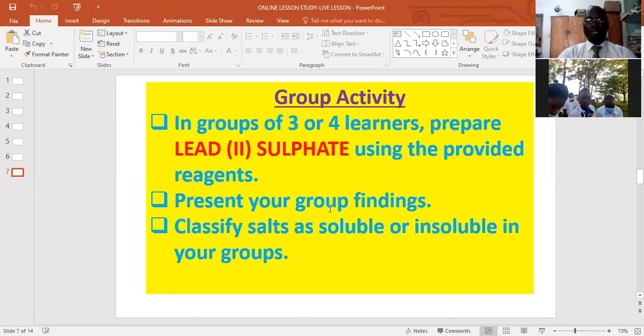Let us go to group number 6. Group number 6, tell us about your findings on the activity that you've just concluded. The lead 2 sulfate was not dissolving in water. It was not dissolving in water.